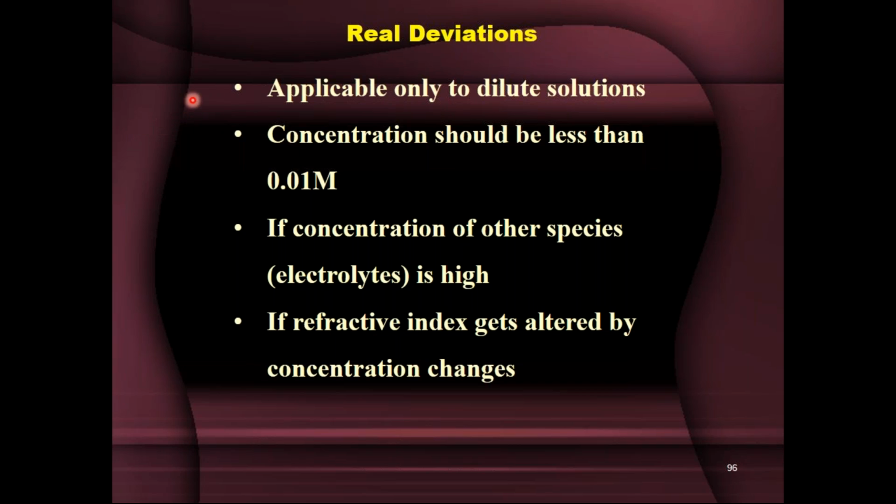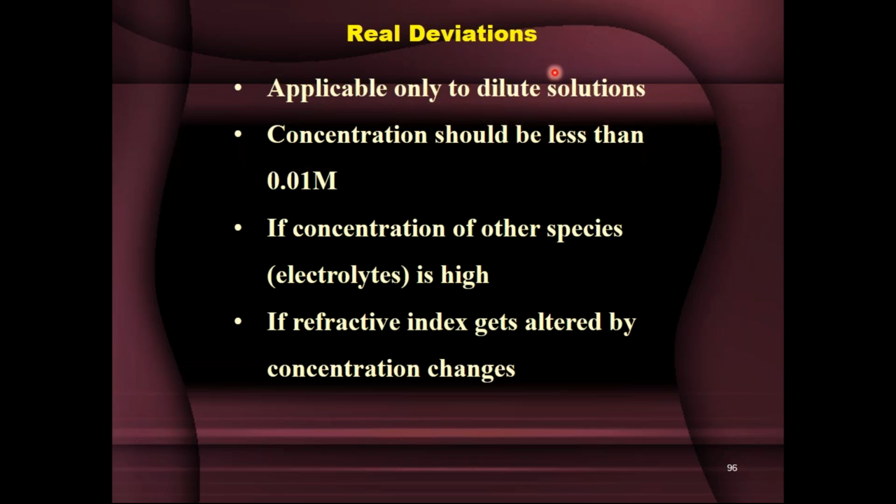Now, these are some of the points that I have given under real deviations. This law is applicable only to dilute solutions. Beer's law is applicable only to dilute solutions. Now, what is dilute solution? That means in this case, the concentration should be less than 0.01 molar.